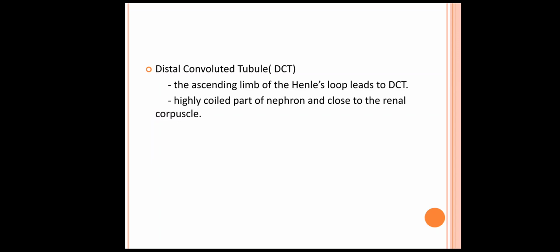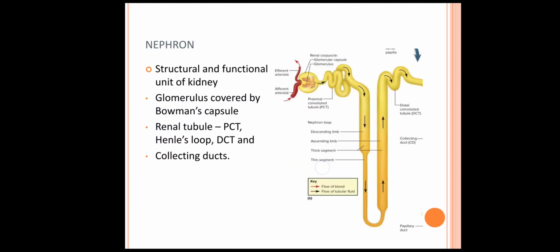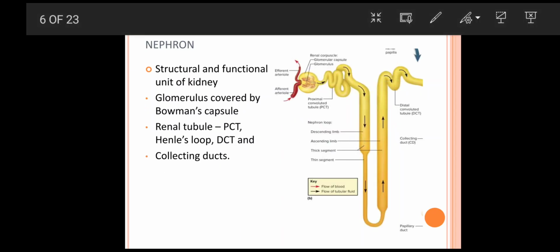Moving further, this ascending part of the Henle loop is continued to the distal part, and it is the highly coiled part of the nephron and it is very close to the renal corpuscle.